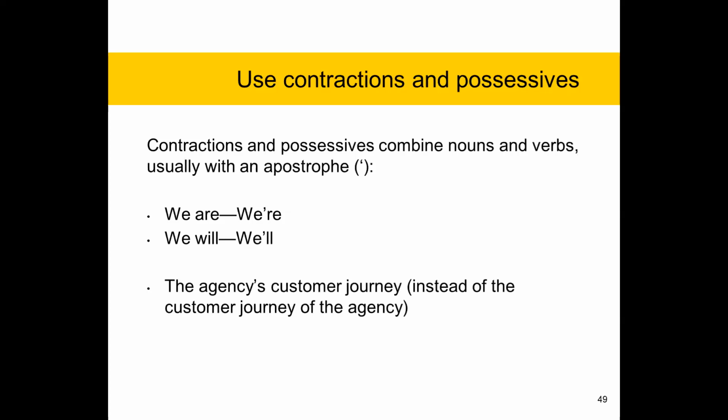Is that the best choice? Maybe not. How do we make that tighter? We make it the agency's customer journey. Same meaning, tighter connection, slightly shorter. You're not asking your reader to remember the agency part showing ownership. You're making that obvious in a different way. So, this is another element.